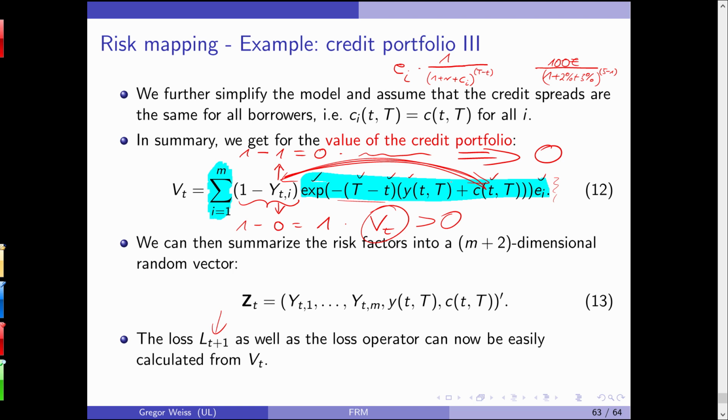Then of course, let me start again. If the default probability is higher, the company should expect and should ask for a higher credit spread. But this is not a given.